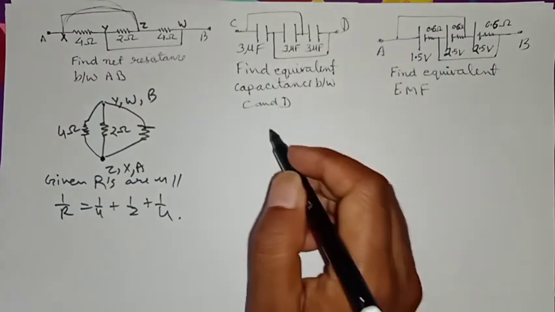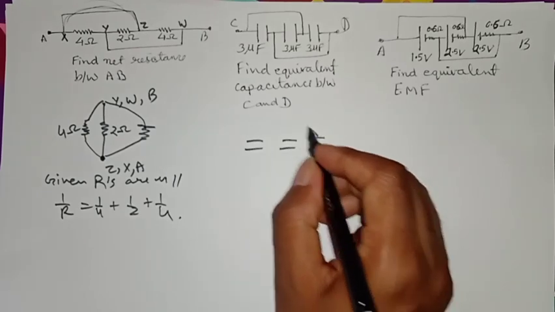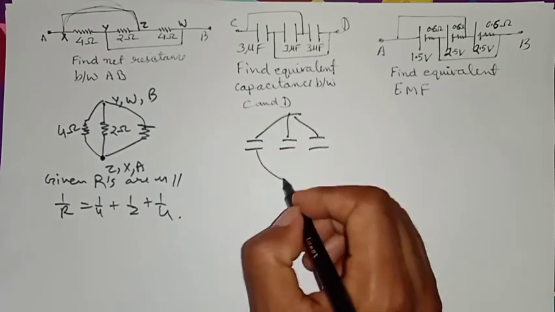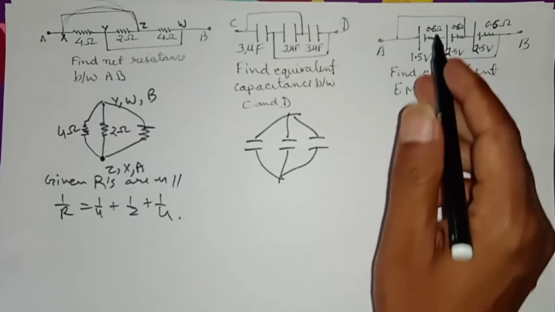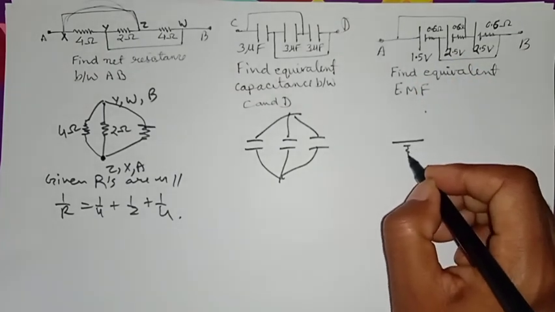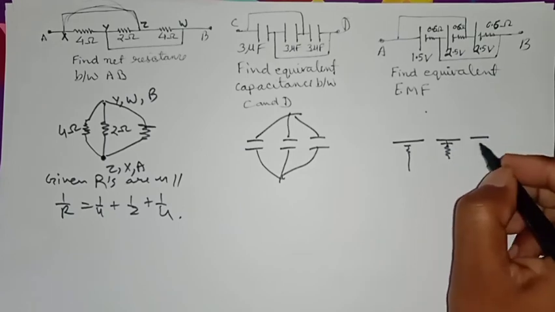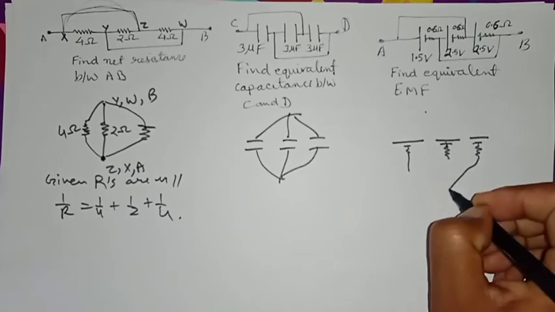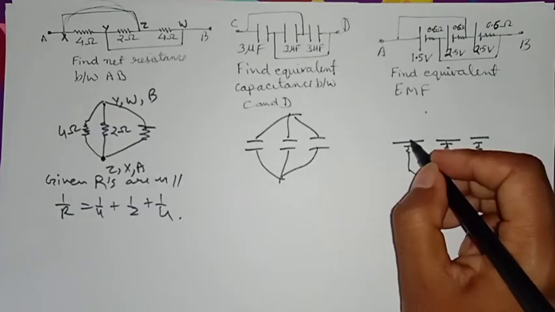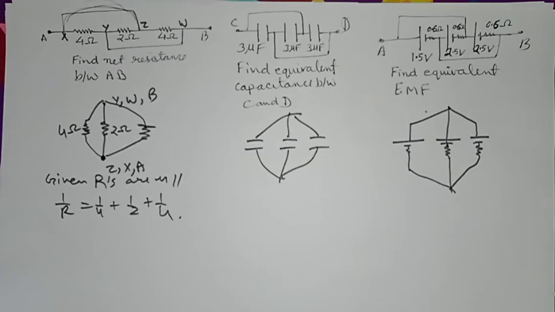You have to consider this as a parallel combination. These capacitors are in a parallel combination. These cells are in a parallel combination. Like this, then you can solve.